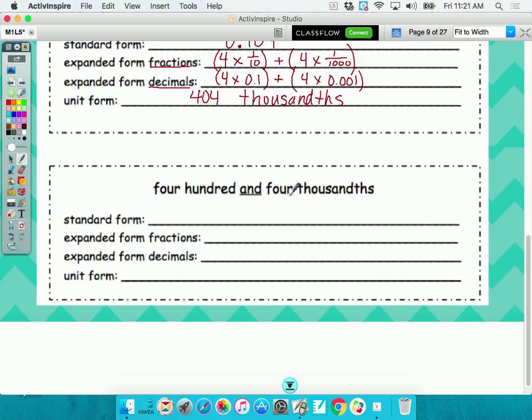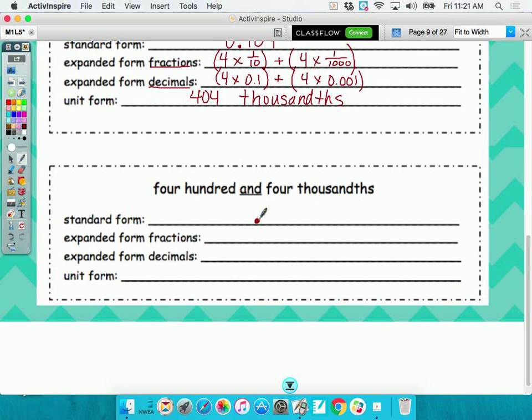How is this one different, Aubrey, than the one we just did? Because it has an and in it. You got it. It has the word and. And what does that mean in math? A decimal. So this number will have a decimal.